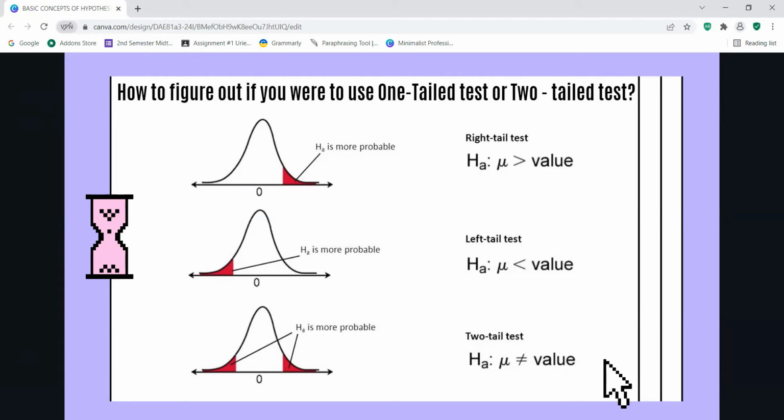For the left tail test, the population mean will be lower than the null hypothesis. For the two-tail test, as I have said a while ago, the alternative hypothesis could be on the right side or the left side.